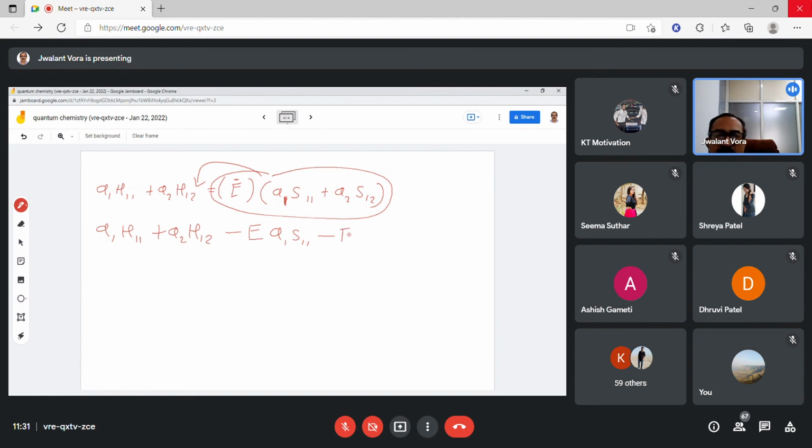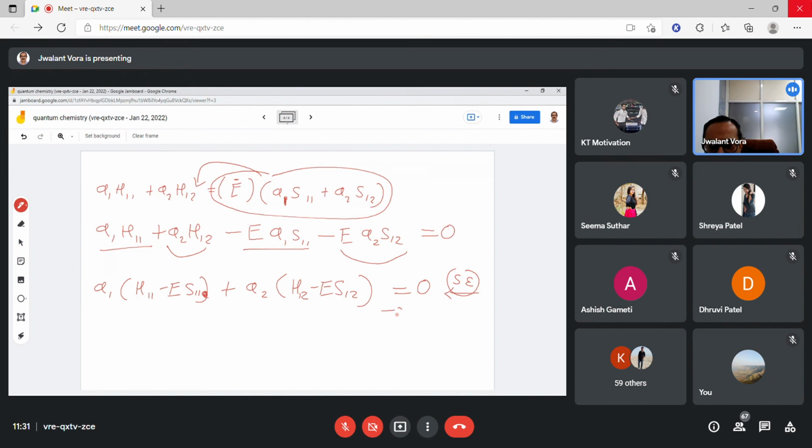Minus E or E bar A2 S12, this will be equal to 0. From this we take common A1, H11 minus E S11, plus from this we take A2 common, H12 minus E S12, this is equal to 0. This is known as secular equation.